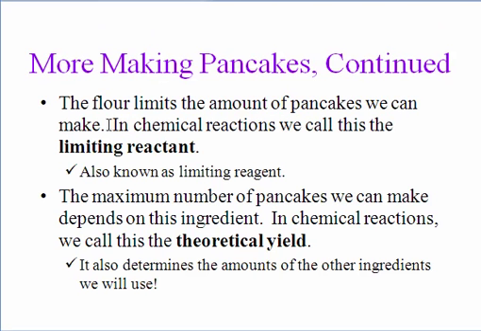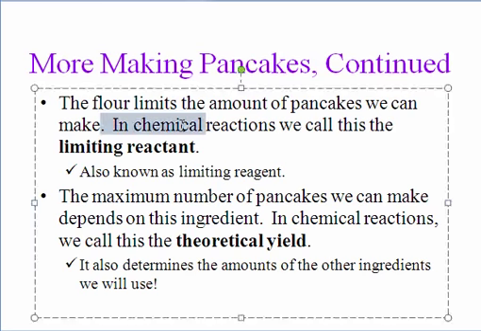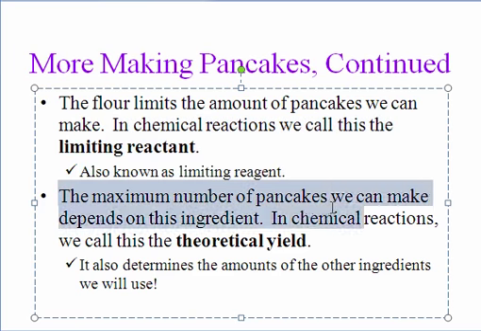So in chemical reactions, the chemical that runs out first is known as the limiting reactant, also known as the limiting reagent. And the maximum amount of product we can make depends on this. It's known as the theoretical yield. And it will also determine the amounts of the other ingredients that we'll use.